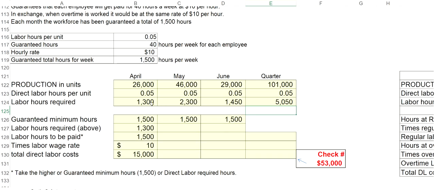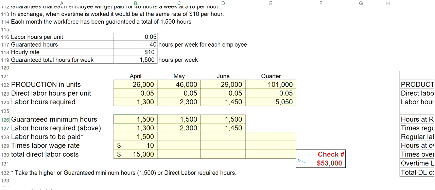Okay, so look at what happened here. So our guaranteed amount is 1,500. Let's bring down. In April, they worked 1,300. I'll bring down in May, they worked 2,300. And in June, they worked 1,450. Now I compare these two and I bring down the largest for payment.